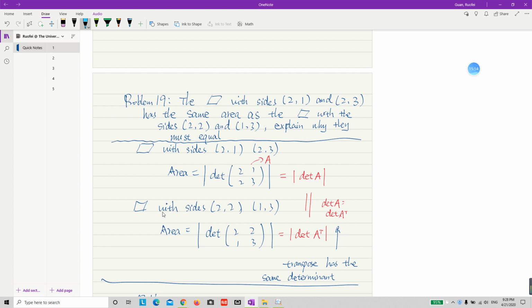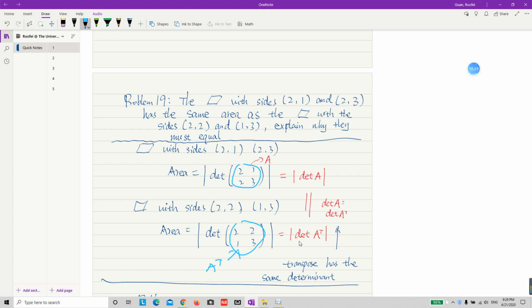And the second parallelogram has sides 2, 2, 1, 3. So we list the first row to be 2, 2 and the second row to be 1, 3. Then take the determinant, then take the absolute value. We can find the relationship between this matrix and this matrix. If this is A, this should be A transpose.